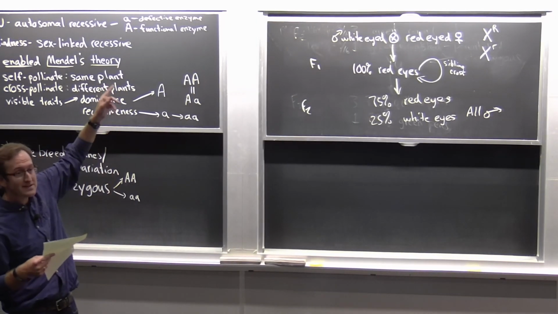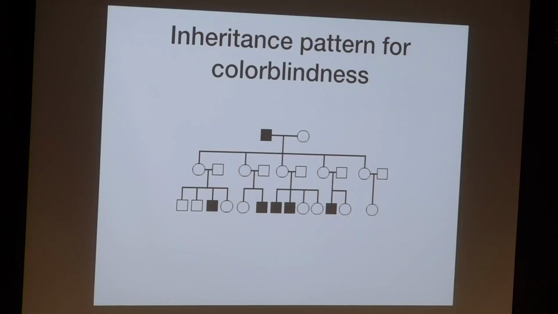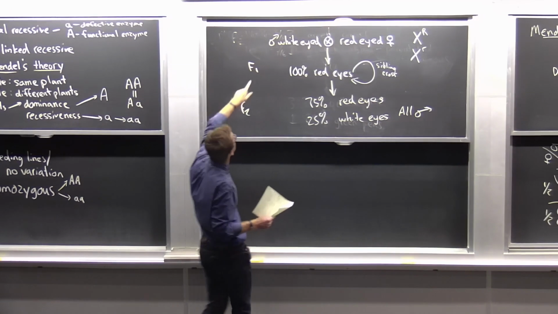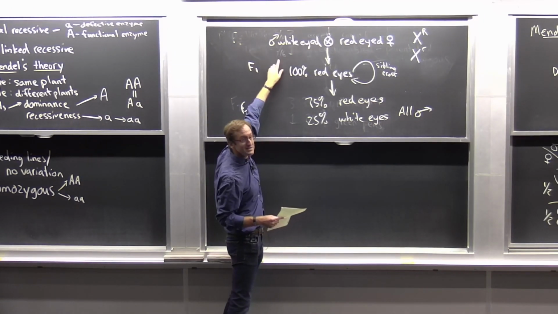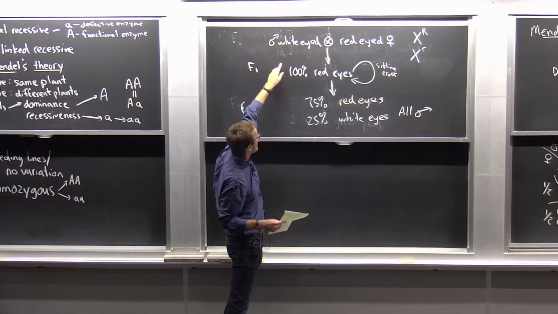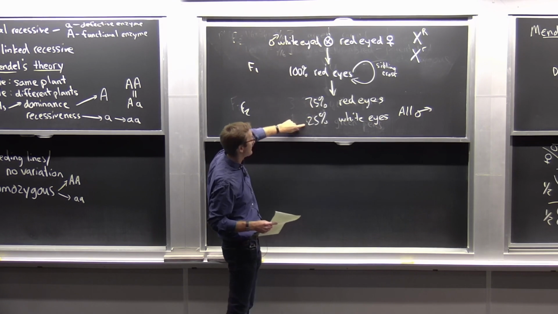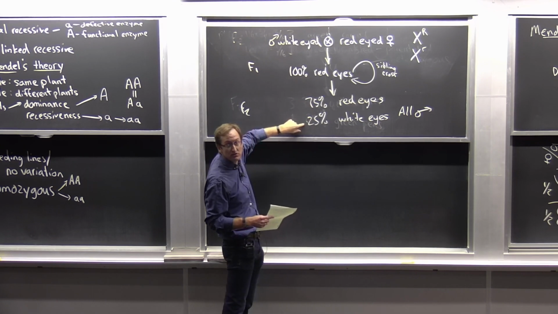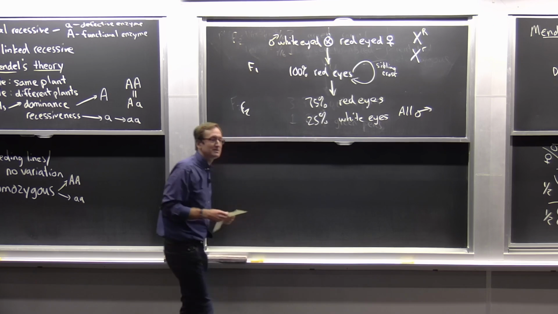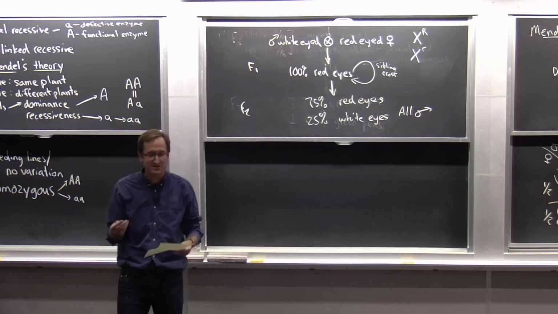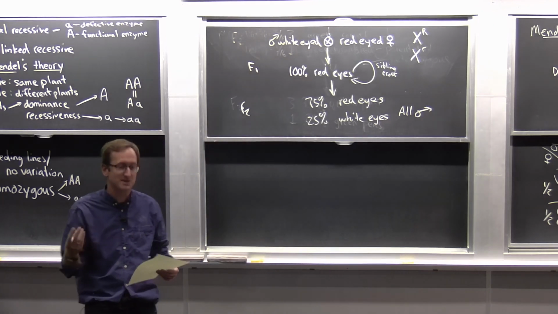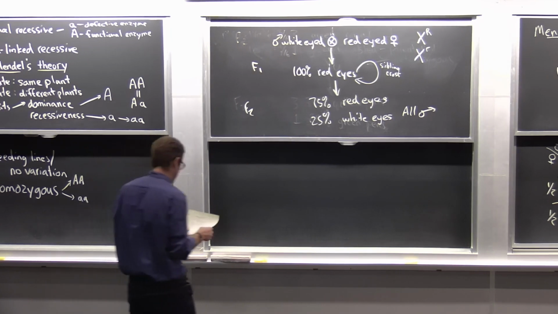And you can see that that's very much reminiscent of color blindness, where you have a grandfather that has white eyes, right? And the grandfather is essentially passing on this trait to his grandsons. So this pattern of inheritance that happens in the fly is very similar to what happens in humans.